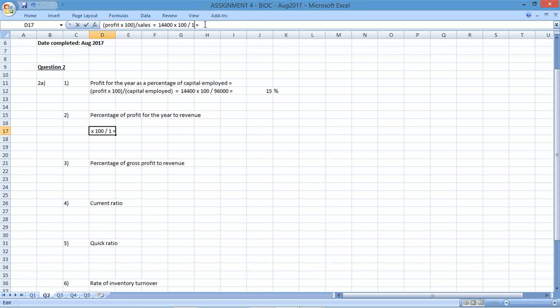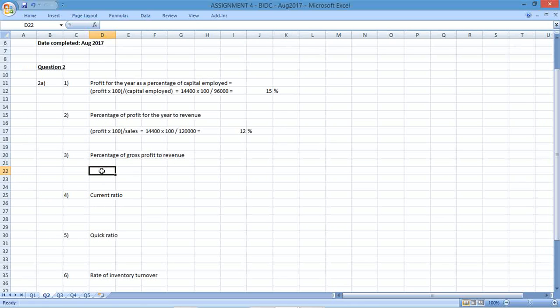Revenue is 120,000. So it's profit times 100 divided by revenue or sales. That's going to give me the percentage. So let's see what we get. 12% for the profit over the sales for this particular business.